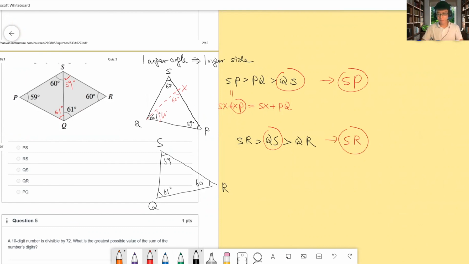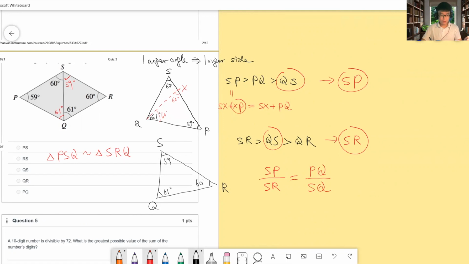Now let's show PS is larger than SR, because these two triangles are similar. Triangle PSQ is similar to triangle SRQ. Now we have the common ratio SP over SR, which corresponds to PQ over SQ.